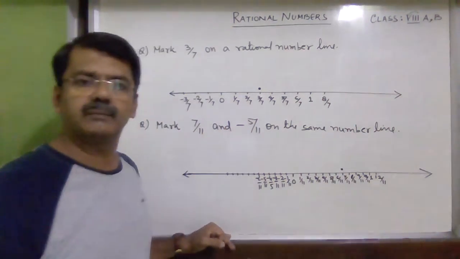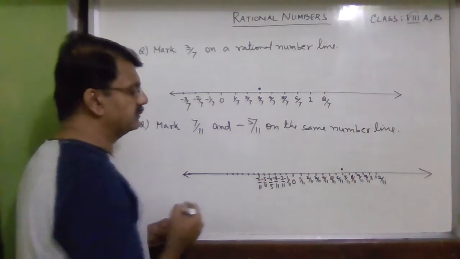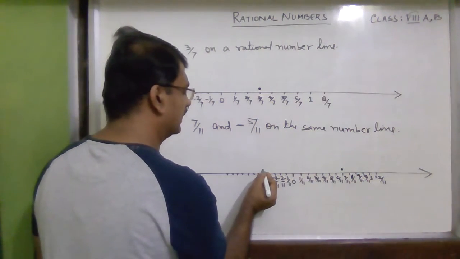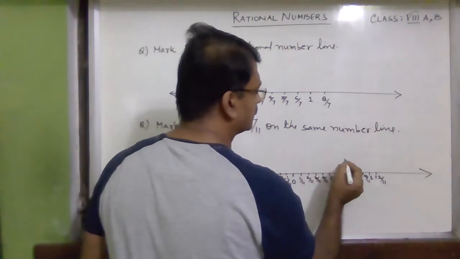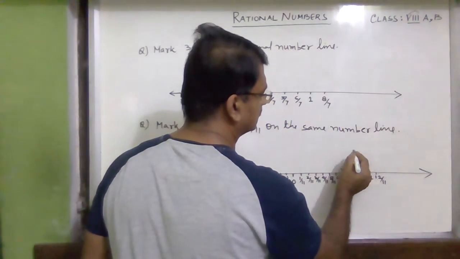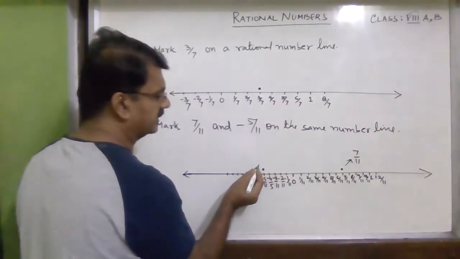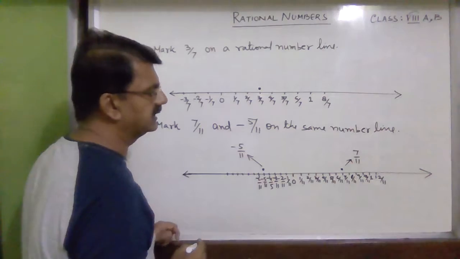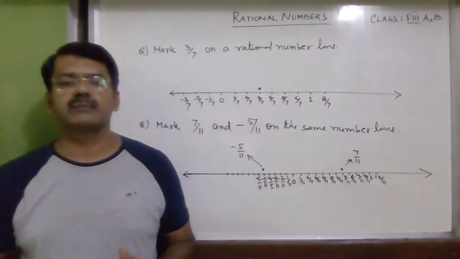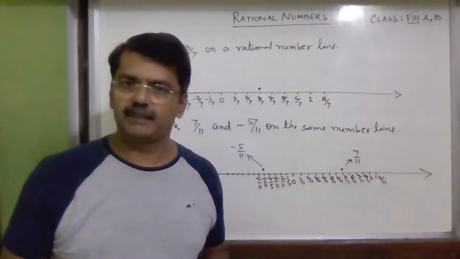This is 7 by 11, and the other number is minus 5 by 11, so minus 5 by 11 is here, so you put a dot here. So this is 7 upon 11 and this is minus 5 by 11. These are the answers, 7 by 11 and minus 5 by 11. Clear?